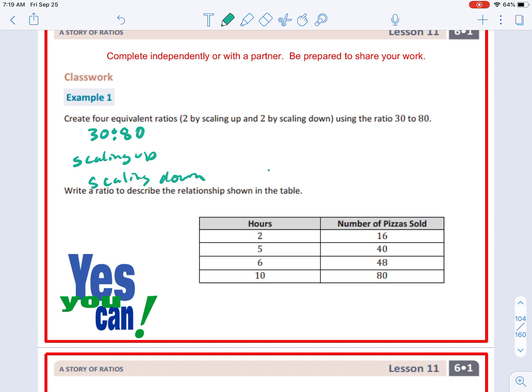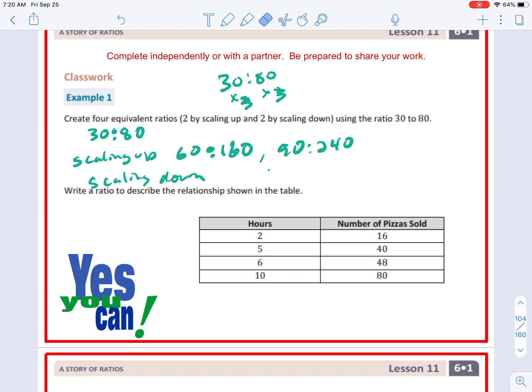So I'm going to multiply 30 to 80 both by 2, and I'm going to get 60 to 160. Then I'm going to multiply both by 3. That's going to give me 90 to 240. Those are 2 ratios scaling up.